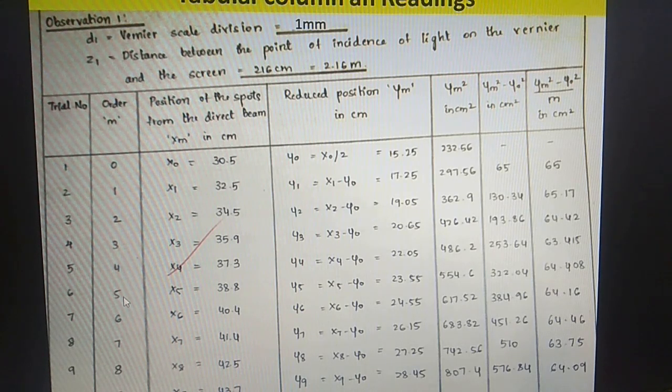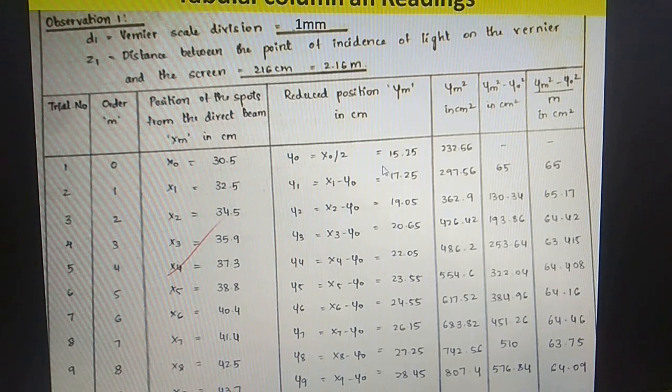These are the readings: 0, 1, 2, 3, 4, 5, 6, 7, 8, 9, and x0, x1, x2, x3, x4, x5, x6, x7, x8, x9. This is the x value. Then the y value is calculated, ym, 15, 17, 19, like this.